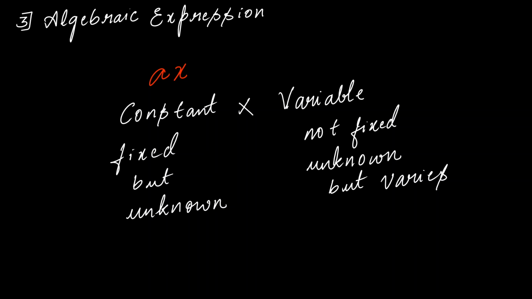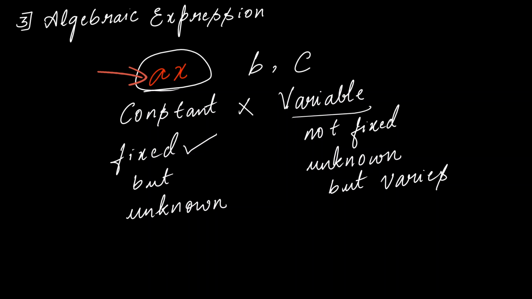You might be thinking constant will always be numbers, right? Why am I writing letter a here? So, when you don't know the value of a constant, you can use alphabetic letters like a, b, c, d, anything as you wish.